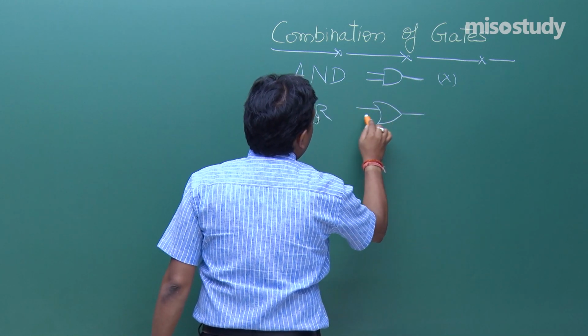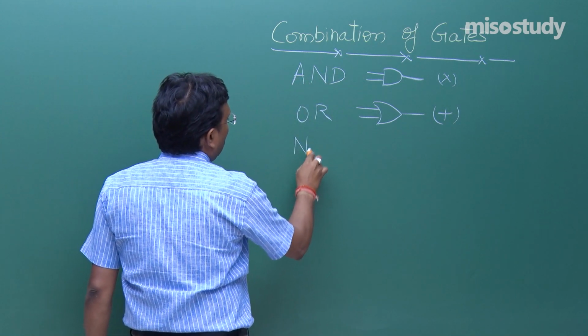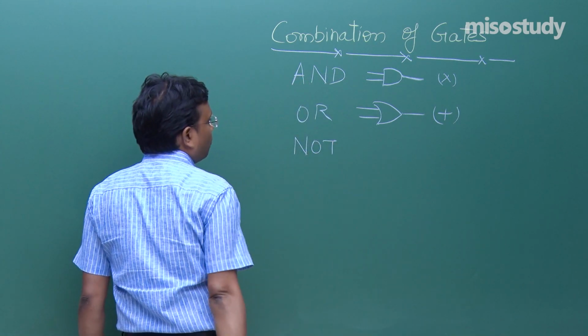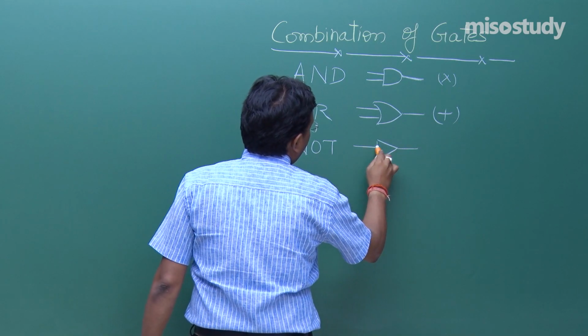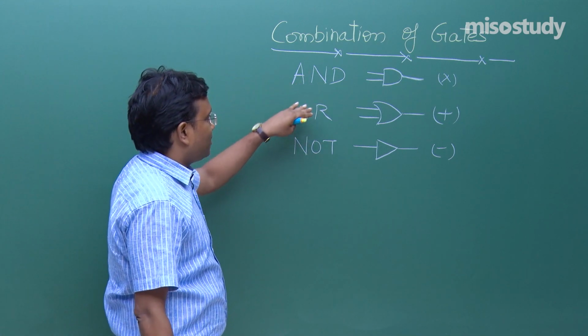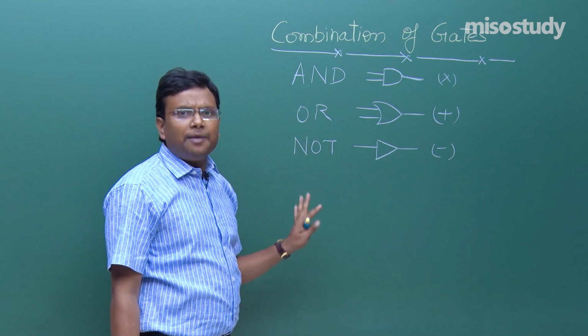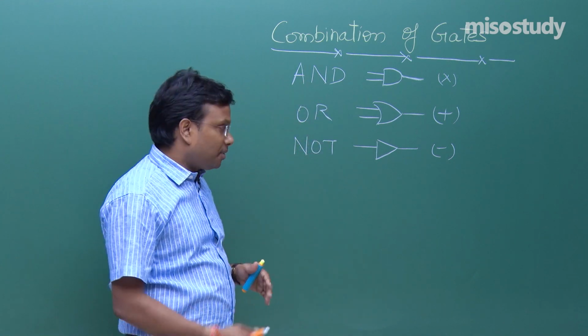It is summation. And one was the NOT gate, represented like this, and it was for negation. So, these were three basic gates, and I explained properly their truth tables and all other associated concepts.